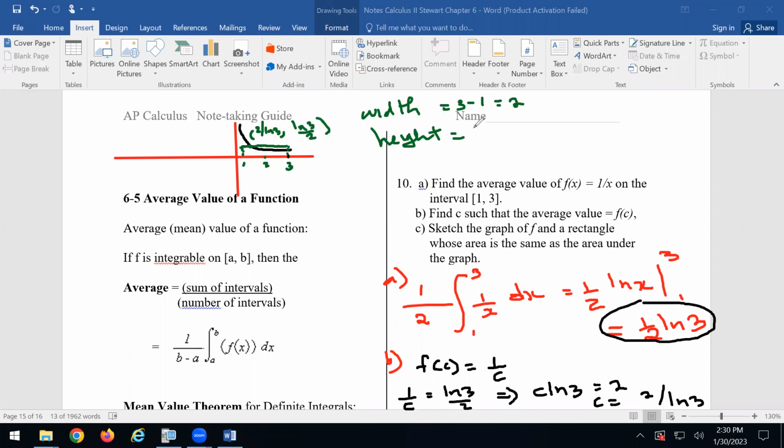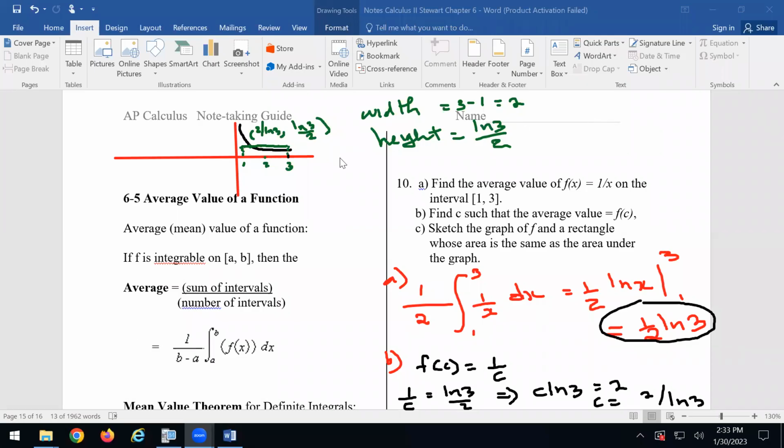That would just be ln 3 upon 2. All right. So that's what it would look like. So we'd have a rectangle where the width is 2 and the height is ln 3 upon 2.